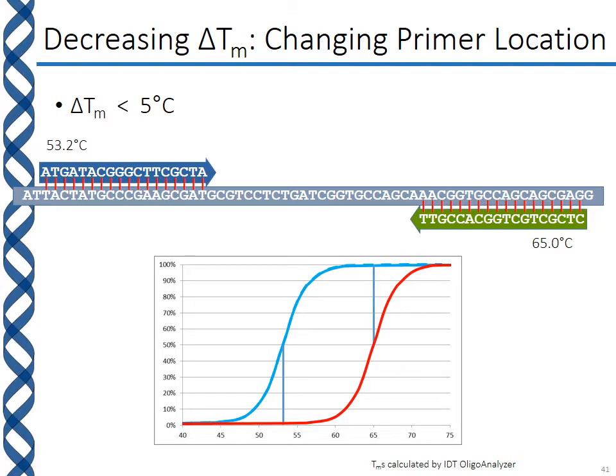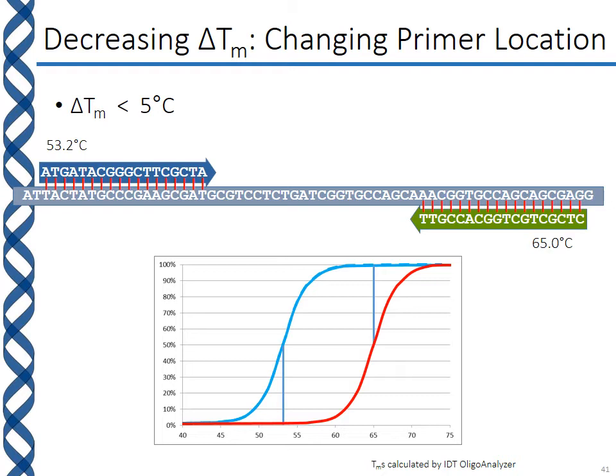Okay, let's start off looking at changing the primer location as the first method of reducing your delta TM. Here we have the DNA sequence, the primers, and the DNA melting curves that we saw 2 slides ago.